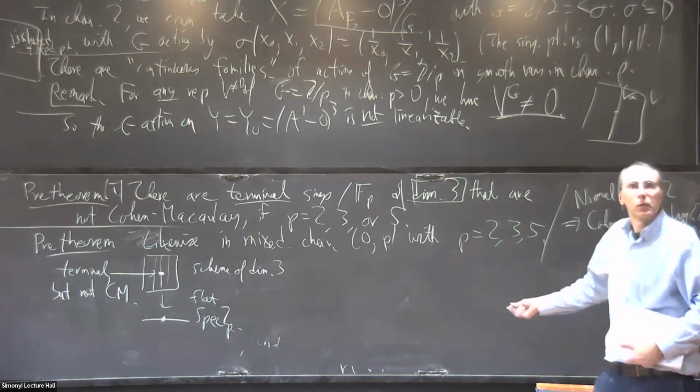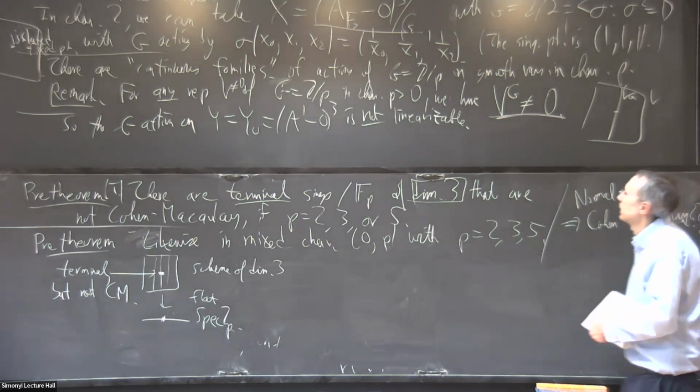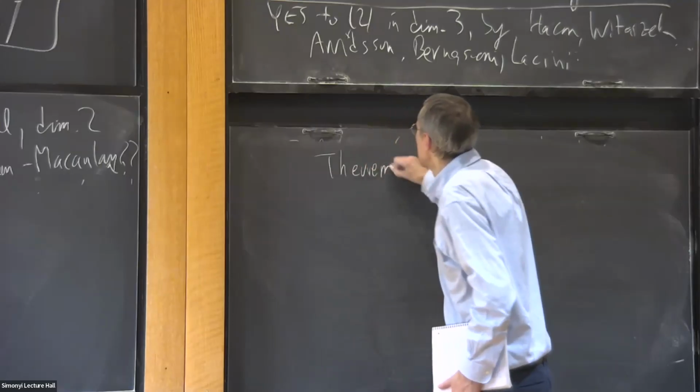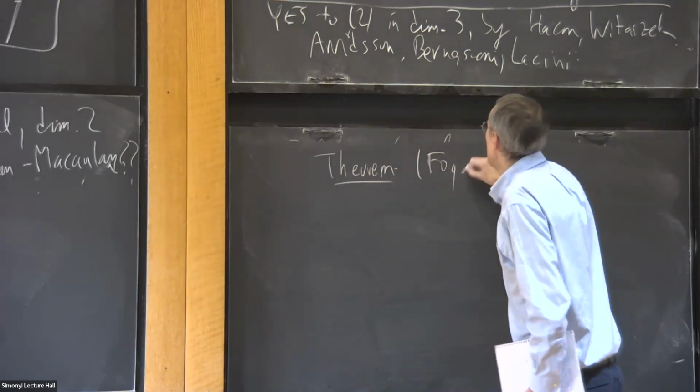So then, when I outline why this example has strange properties, the fact that it's not Cohen-Macaulay is relatively easy.